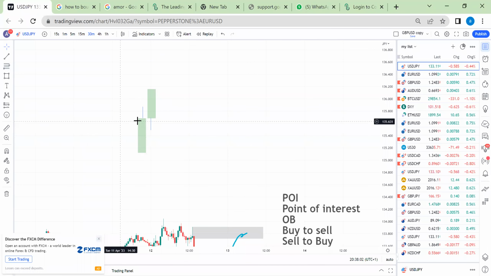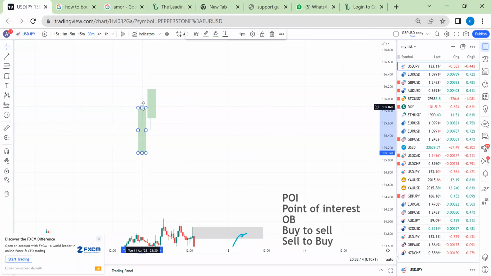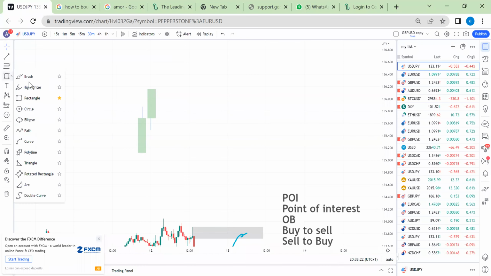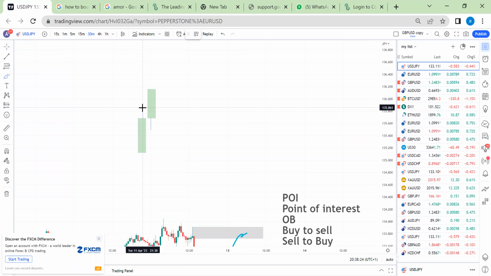If you look at this wick here, this wick is telling you that at some point, this candle is a full green candle like this. Then sellers came and pushed it down. That's why it became wick, right? So that means there was selling activity from this point back to this close of the candle right here.